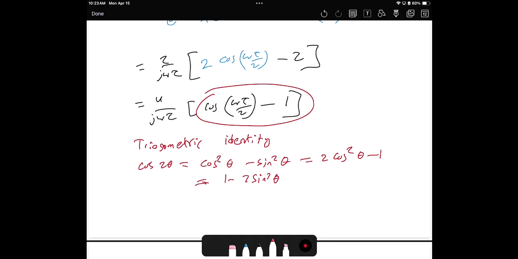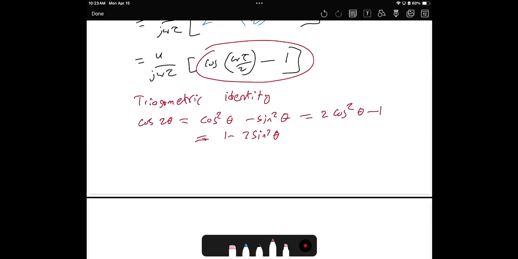So it can be any of these three. I'm going to focus on cosine 2θ equals 1 minus 2 sine squared θ.